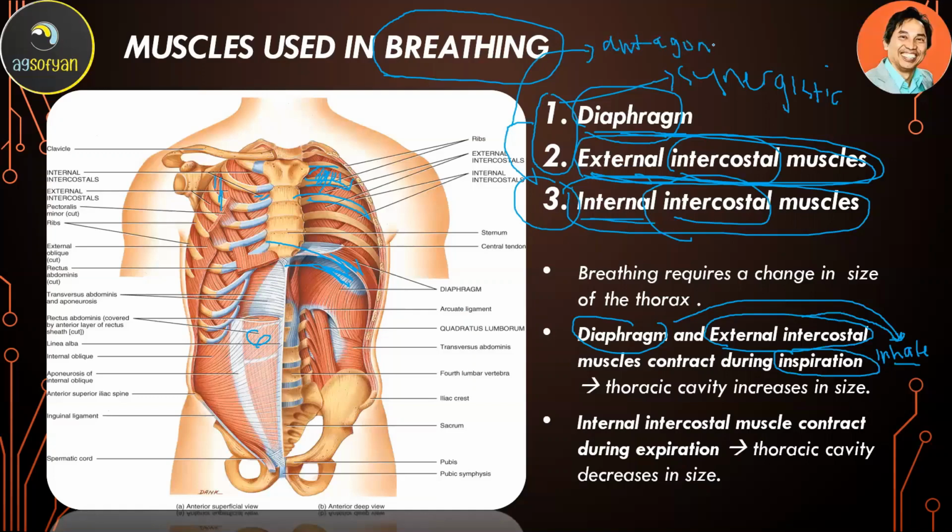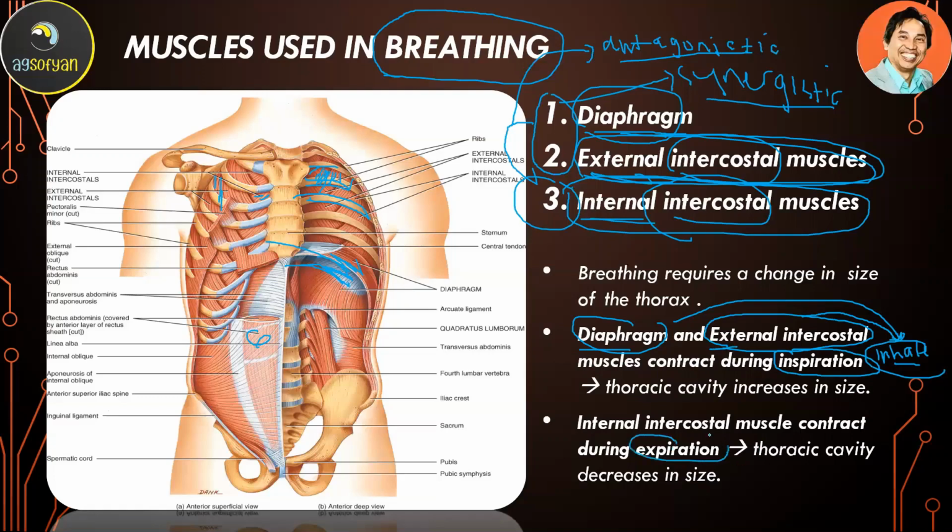One group relaxes, the other one contracts. So the diaphragm and external intercostal are synergistic. The diaphragm and external, compared with the internal, are antagonistic. So during inhalation, the diaphragm and external will be contracted, and the internal will be relaxed.